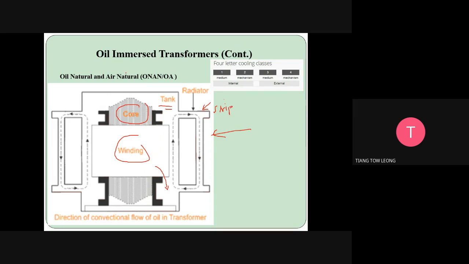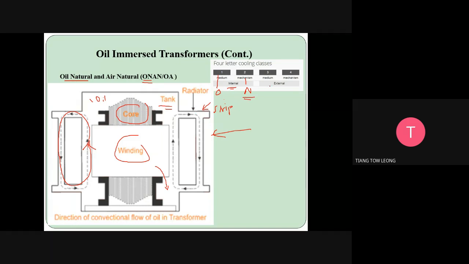So what is the type here? ON, oil natural. This is oil, and this is natural, the internal one. Inside here is oil, and how does it release the heat? The mechanism is that it just flows naturally.